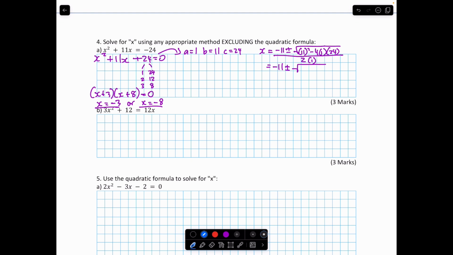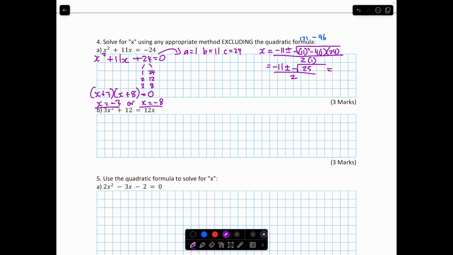Do some working out here. 11 squared, that's 121. Negative 4 times 1, negative 4, take 96. So 121, take 96. You got 25 under the square root, which is a nice number.